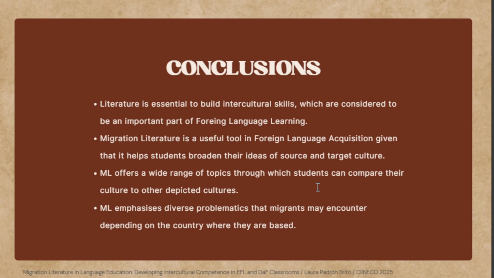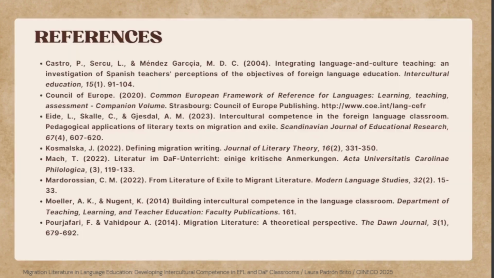In addition, ML offers a wide range of topics, as we have seen, through which students can compare their culture to other depicted cultures, which is no longer limited to the conceived culture of our target country. And lastly, ML emphasizes diverse problematics that migrants may encounter depending on the country where they are based.